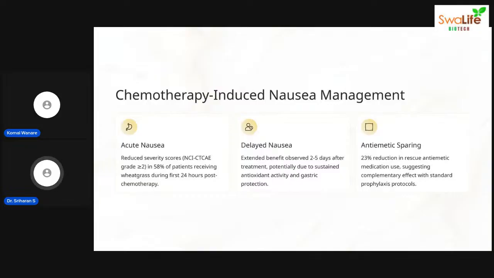These are the stages of how nausea is delivered through the chemotherapy stage. Using wheatgrass, it can reduce the acute nausea level and the delayed nausea level. Apart from antiemetic drug sparing, wheatgrass also plays a major role. That is the value shown here.